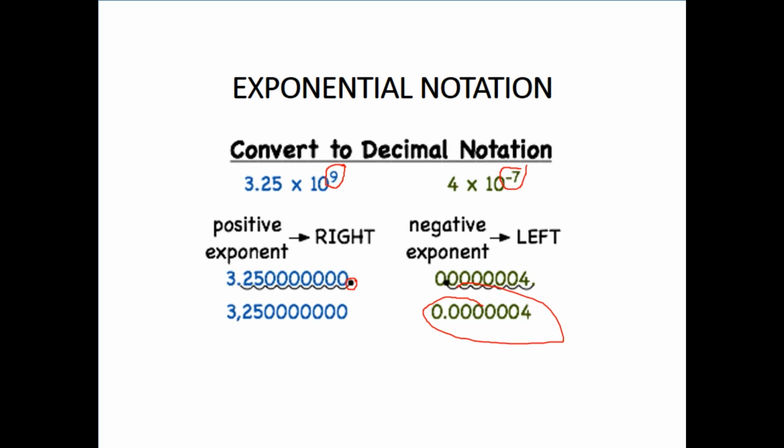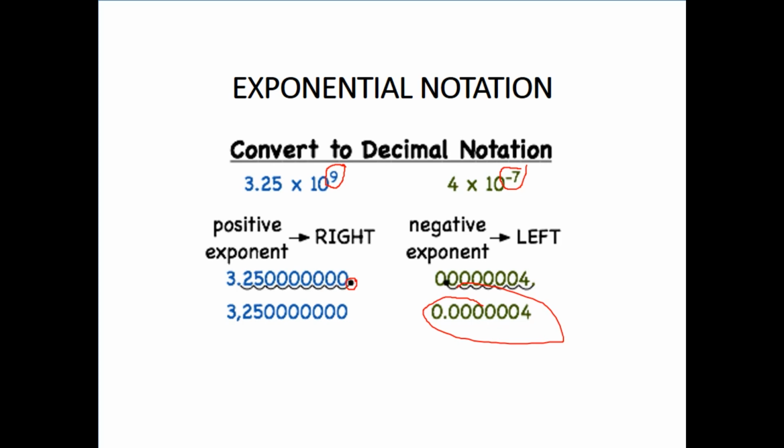We will move it 9 times to the right since the exponent is positive. So 1, 2, 3, 4, 5, 6, 7, 8, and 9. That is our result.